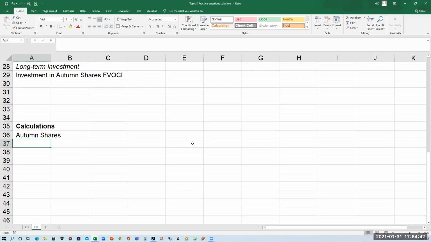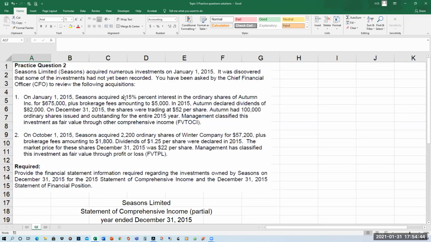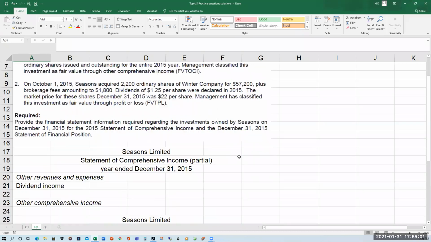Now, the number of shares acquired: we bought 15% of 100,000 shares. Autumn had 100,000 shares. Seasons purchased 15%. So 15% of 100,000 is 15,000 shares. At the end of the year, the stock price is $52.